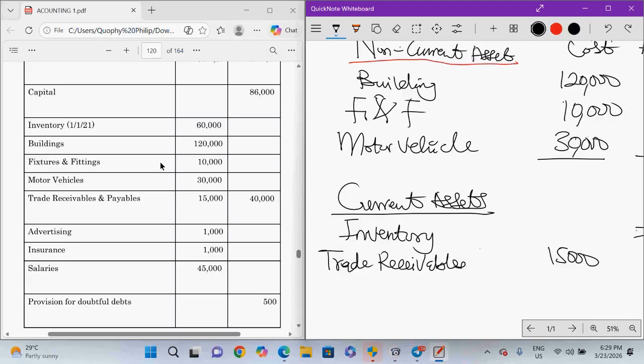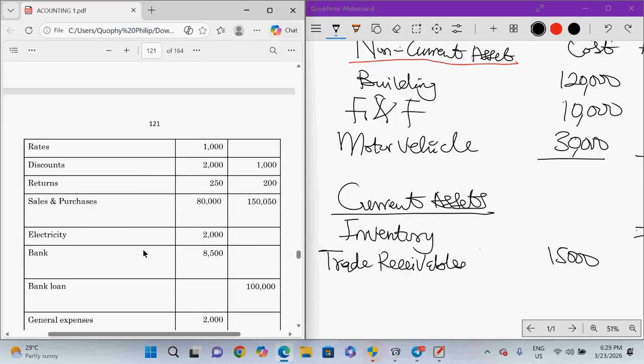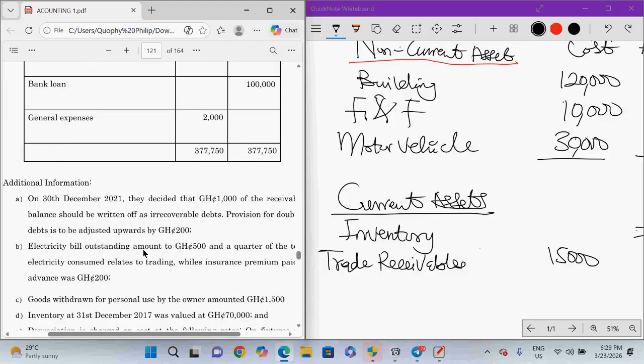Adjustment. You do adjustment to it. If the bad debt is just in the trial balance, we would have just treated it in the income statement and left it. But if the bad debt is in the additional information, it means it will be treated twice. The first is bringing it into the income statement.